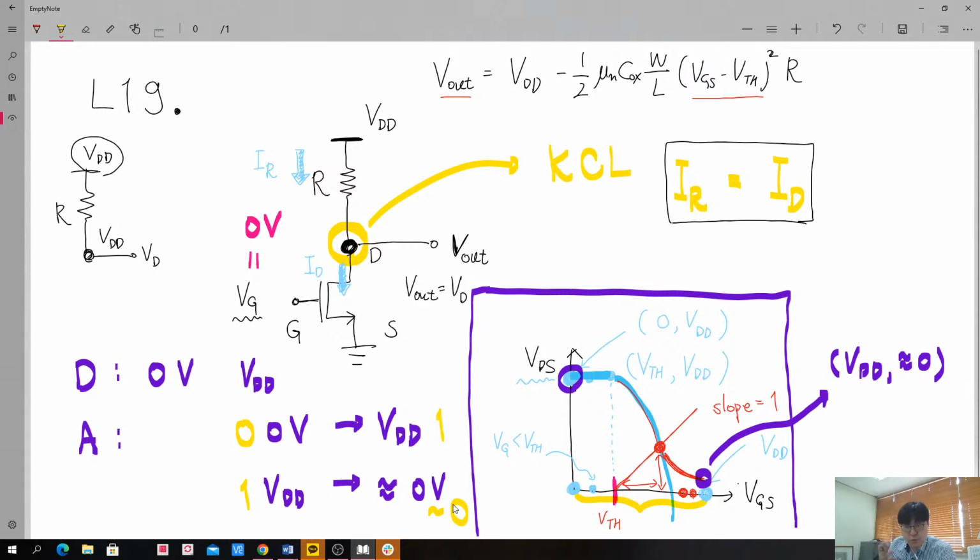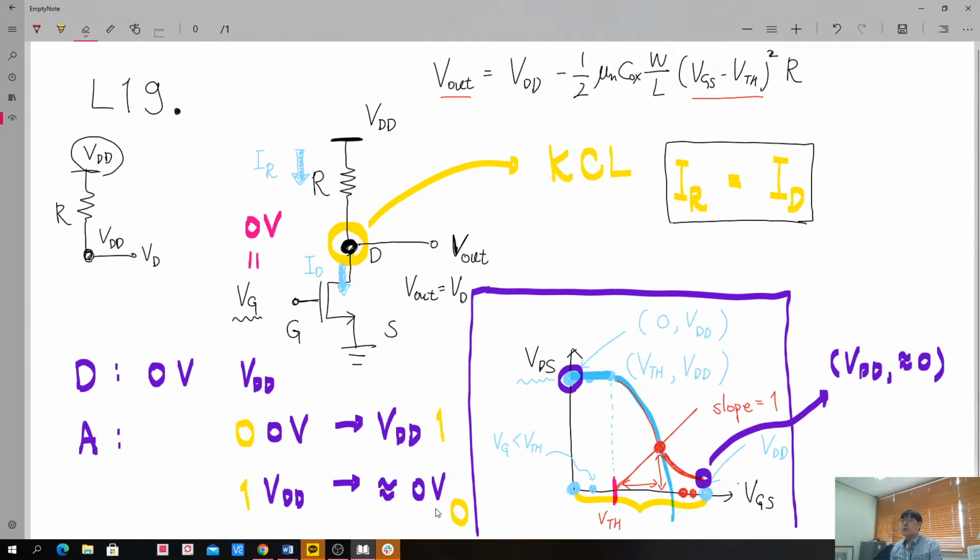Of course, we know that this is a digital system, and the output which is close to 0 is interpreted as just 0, so we can safely neglect this approximation. So when you insert 0, you will get logical 1. When you insert logical 1, you will get logical 0.